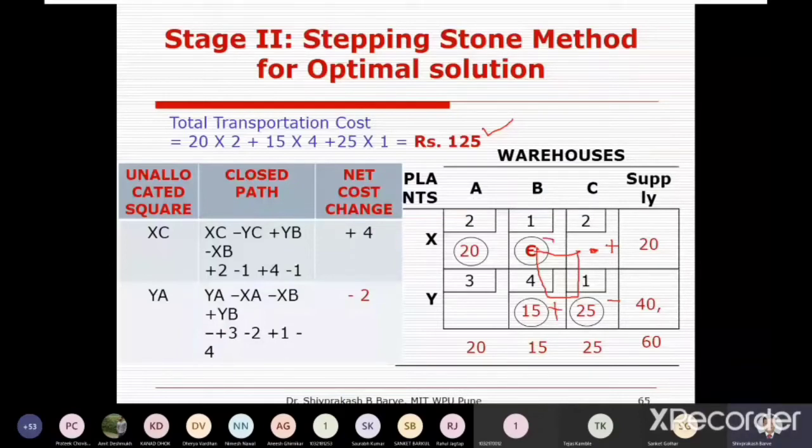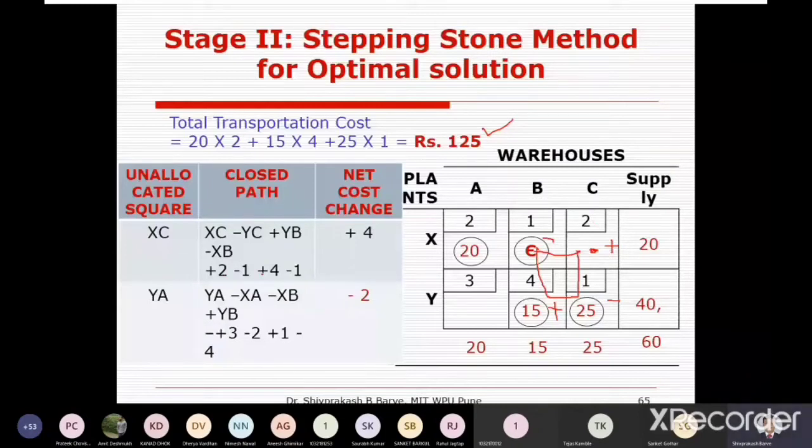Consider these costs along with this sign and check the net cost. So here I got XC, YC, then YB and XB. Start with plus, minus, and use the same sign for the cost values also: plus 2 minus 1 plus 4 minus 1.